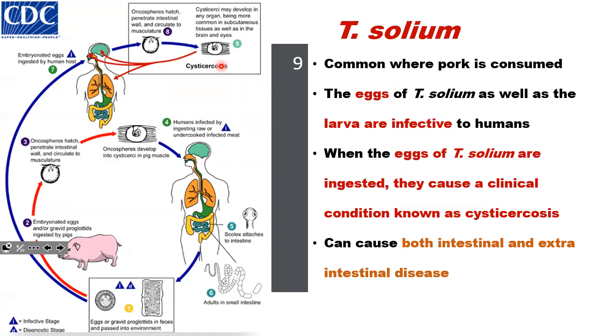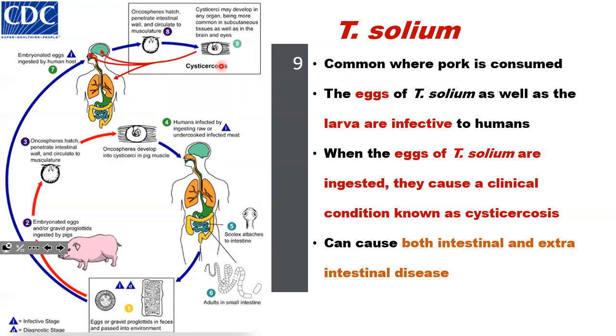Yes, his hand was up before you, sir. Once we have intestinal infection, can it be transmitted from human to another human by fecal oral route? No, you need the intermediate host. You need the intermediate host, okay?